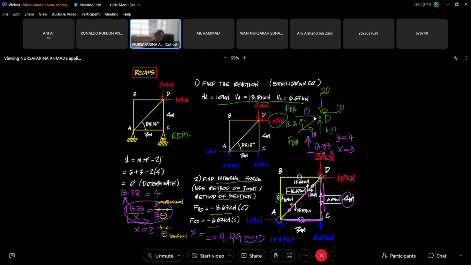Yes, you can get the marks, because 1 mark just represents the internal member, not your calculation method. The marks are given based on your answer for the member, because in the table you only need N, not how you got it. So if you don't want to write and directly in the real structure you do it like this, without equations and so on, we accept. Okay, right? Understand?